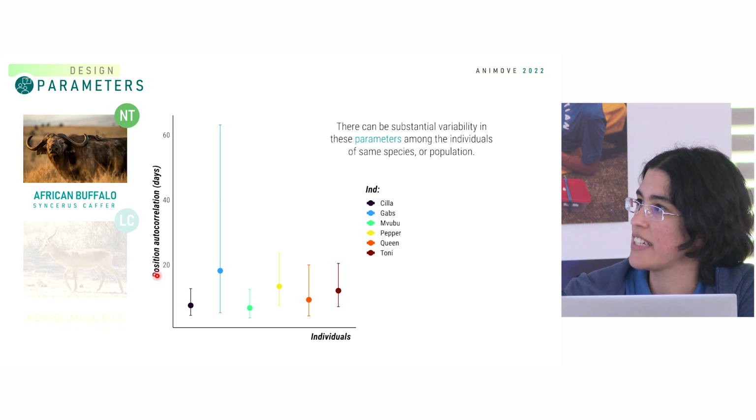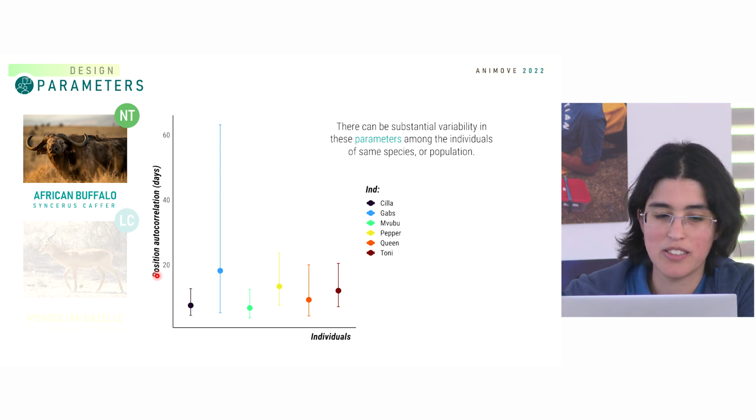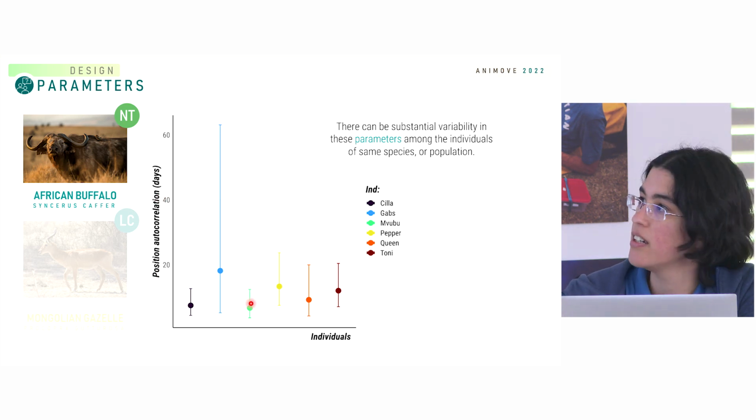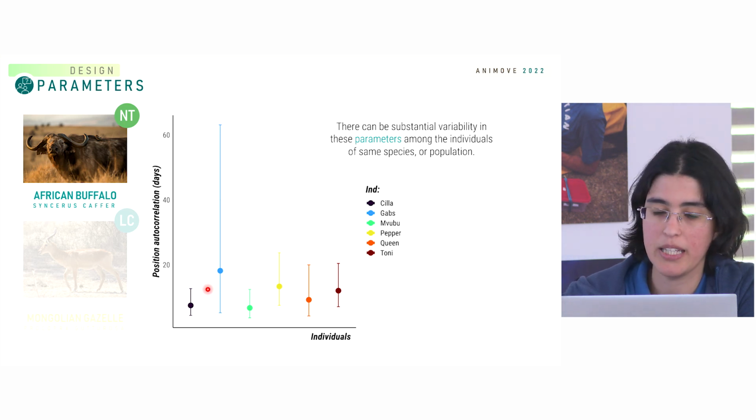Again, we have access to data from our good friends, the African buffalo. We can see that this position autocorrelation, although there's some variation in the confidence estimates, is similar-ish between individuals. So we can have some general idea of where the home range crossing time would end up being, at least for this population.